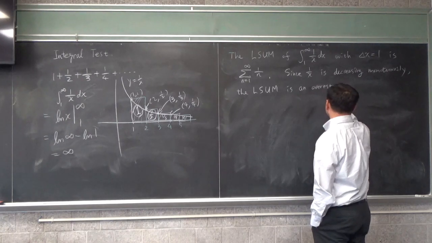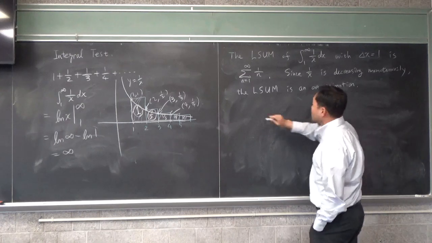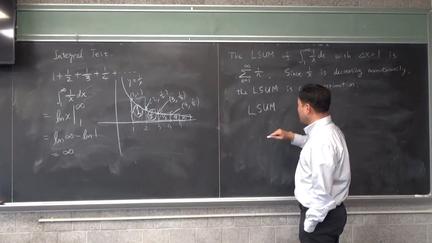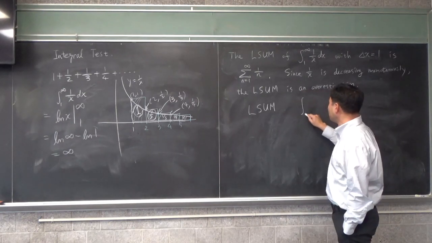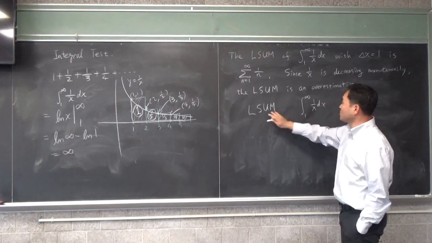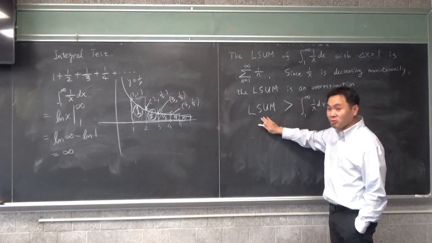Overestimation. So the L sum is bigger than or less than this integral? Greater. It's greater than, because it's an overestimation.